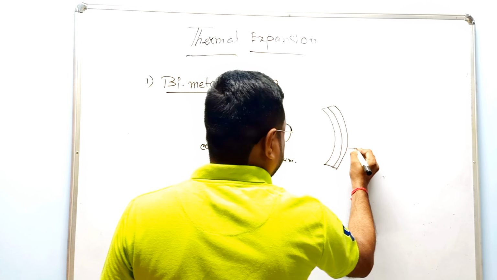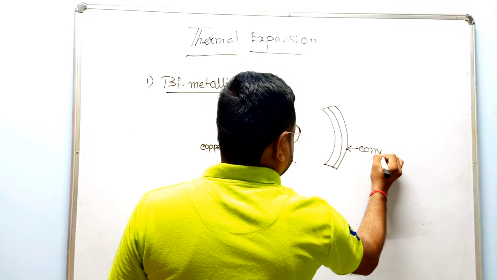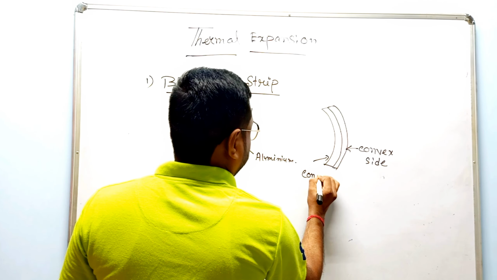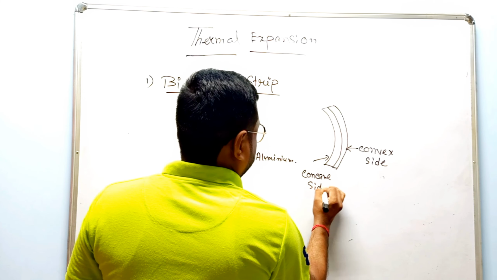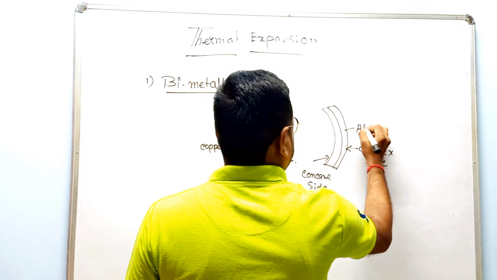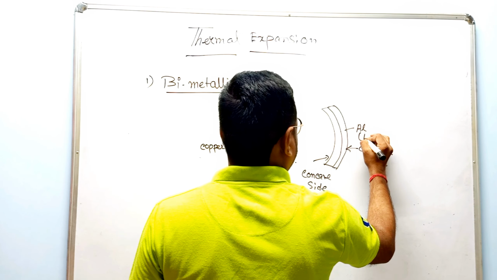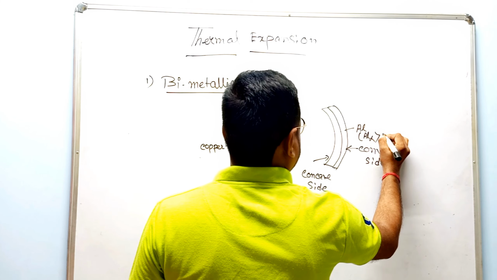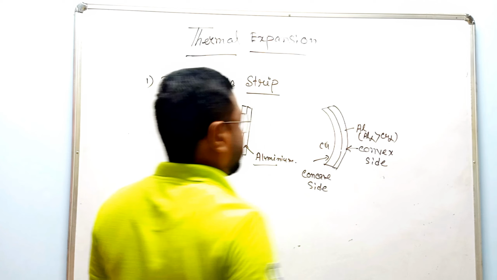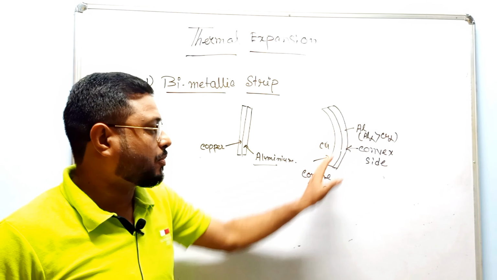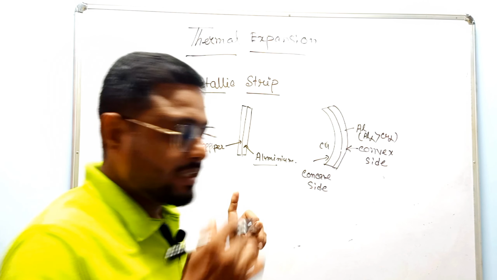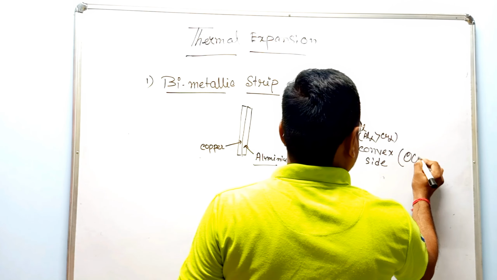So this is the convex side and this is the concave side. Aluminium alpha is greater than copper alpha, so on the concave side copper exists and on the convex side aluminium exists. The metal with greater alpha is always on the convex side, or outside.